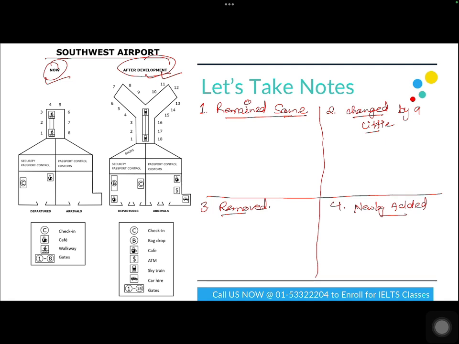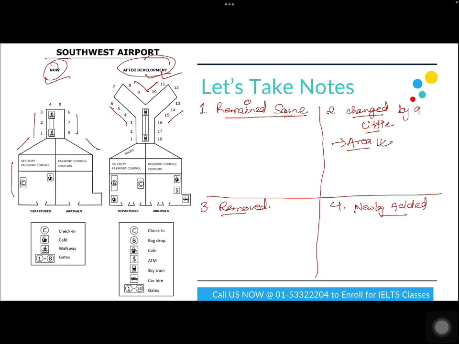First of all, let us see what are the components that have remained the same over time. In this case, as we can see, the entire area of the airport has changed. The structure of the airport, the area of the airport, has expanded. So this is something that has actually changed by a little.